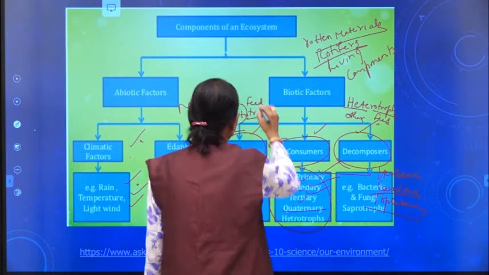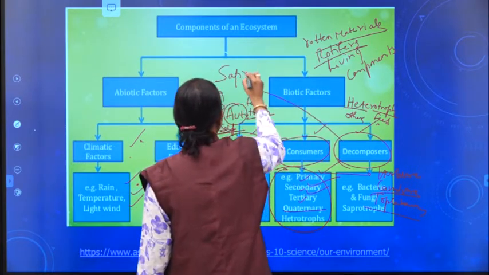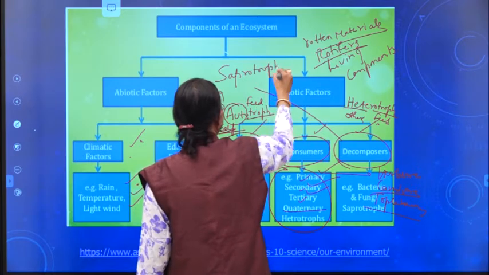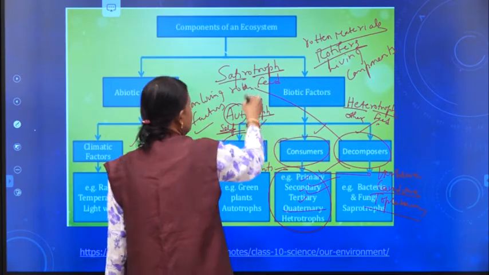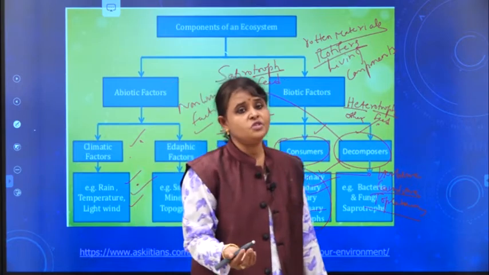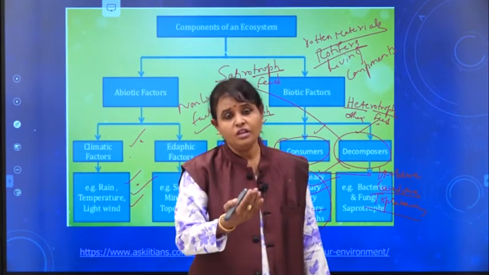They are also known as decomposers. All of you can see. Troph means feed. Sapro means rotten. Saprotrophs, rotten. They feed on the rotten materials.